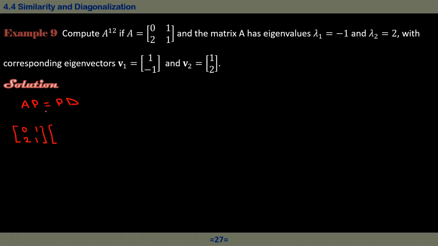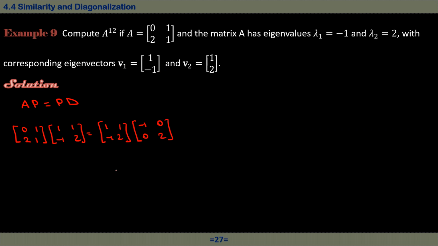And what is P? Actually, the columns of P are these eigenvectors. The first one is 1, negative 1. Second one is 1, 2. And here we have also P, and here we have the diagonal matrix with lambda 1 which is negative 1, here we have 0, and lambda 2 is 2.